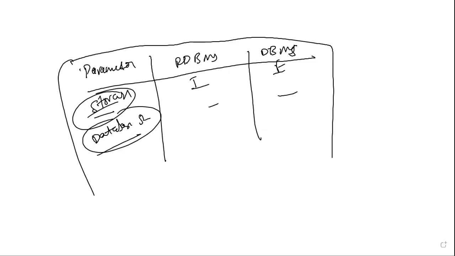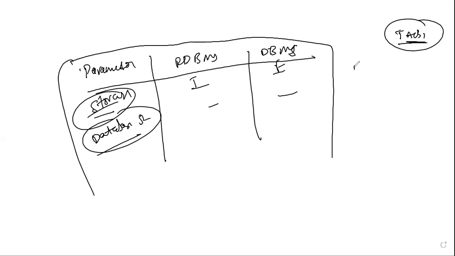Okay, let me explain this point. I want no one to be confused with this. Just see the whiteboard. Let's assume we have a table 1.